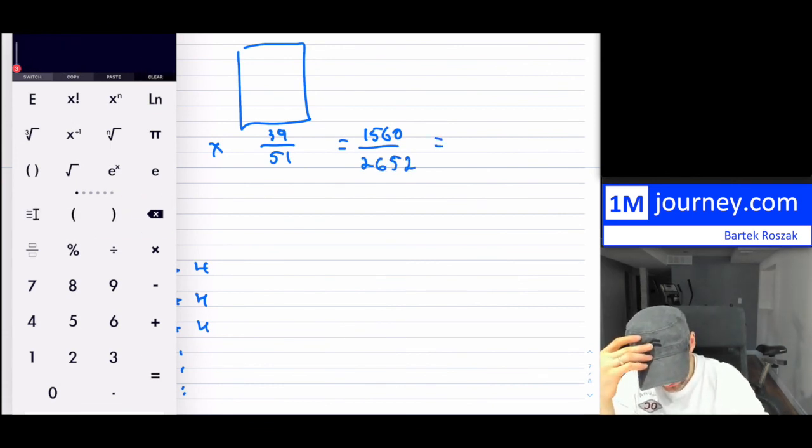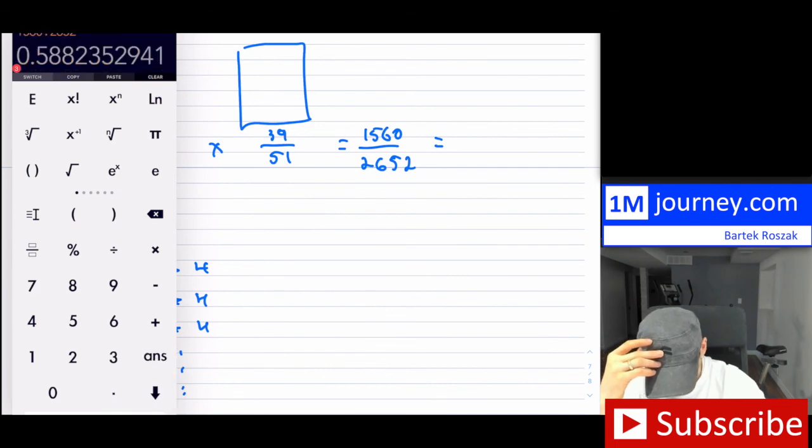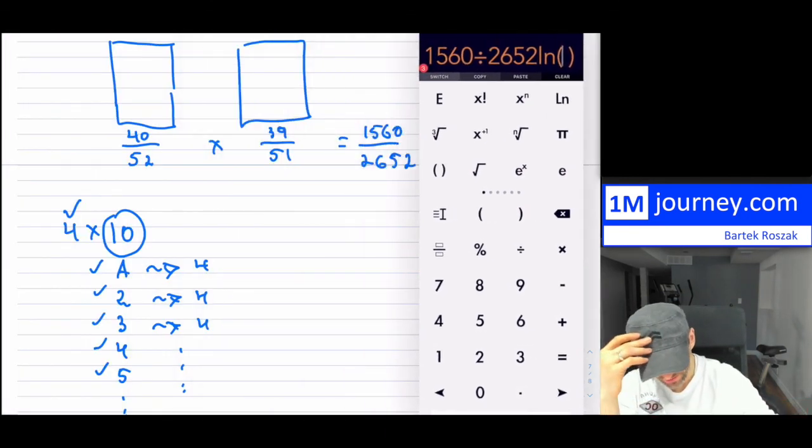We can get this as a percent if we wanted to, which is approximately 59%. So that's what our probability is.